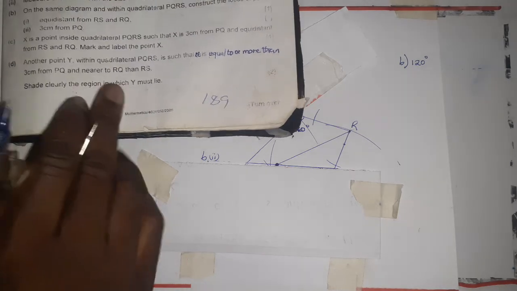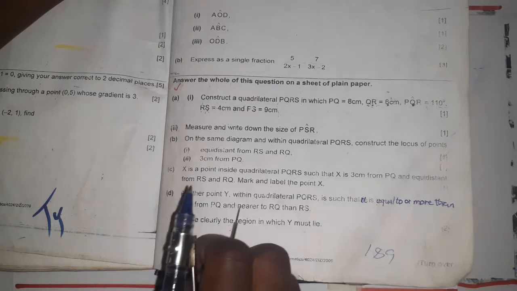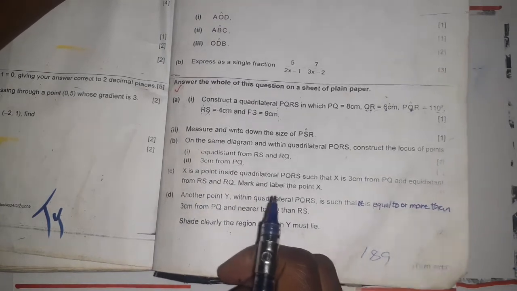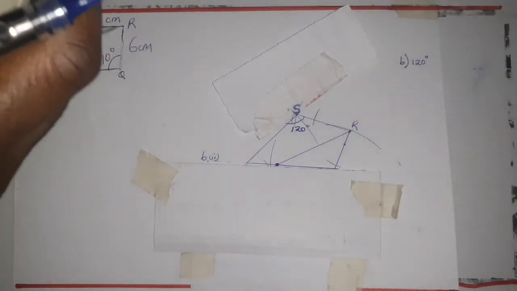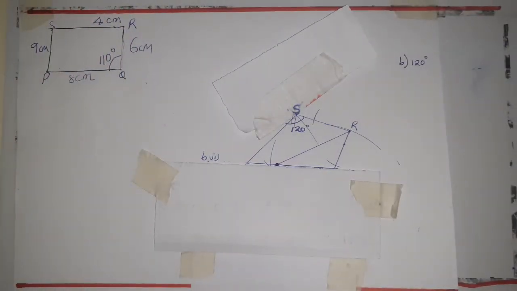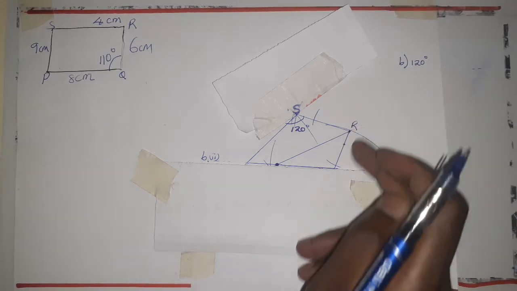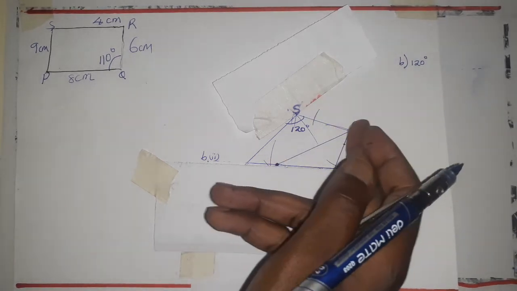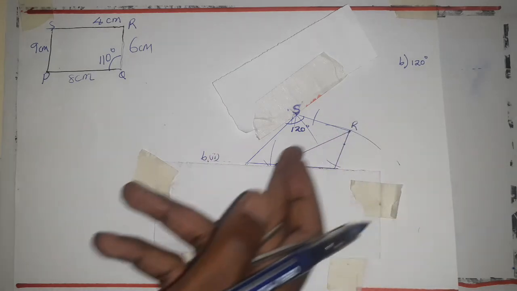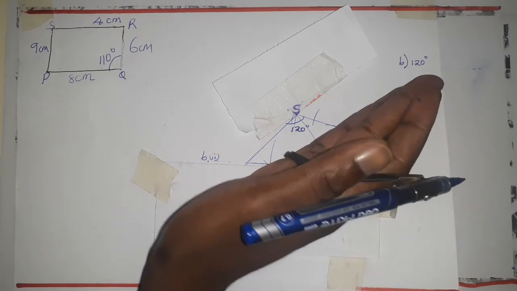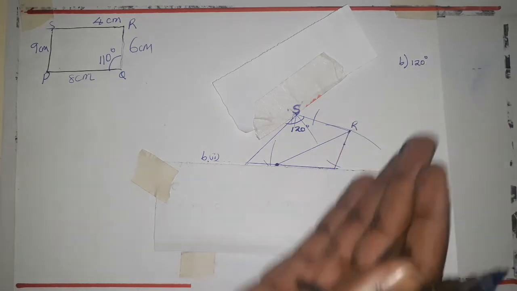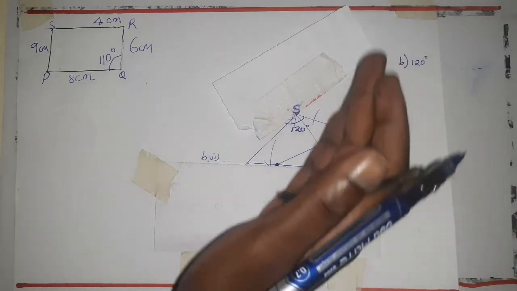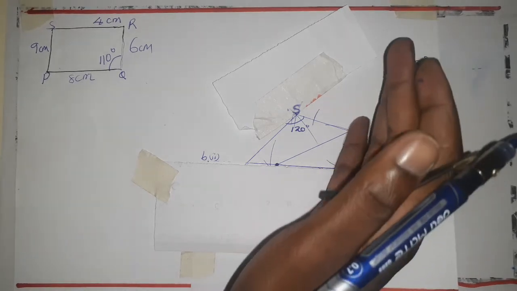Then we come to this other one. Back to the question. And nearer to RQ than RS. Using this line, this locus, when we consider this region below here, it's nearer to RQ than RS, because the region that we're going to talk about will be touching on PQ.